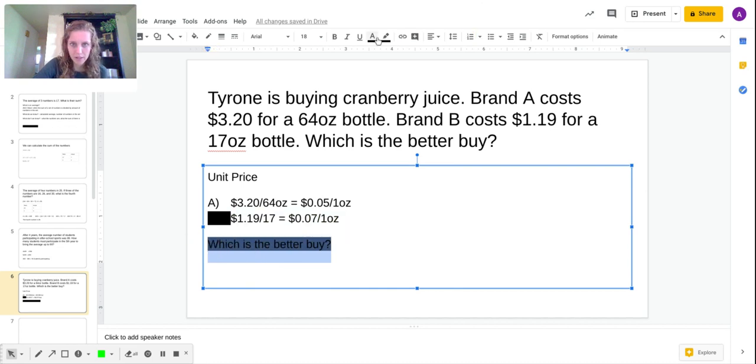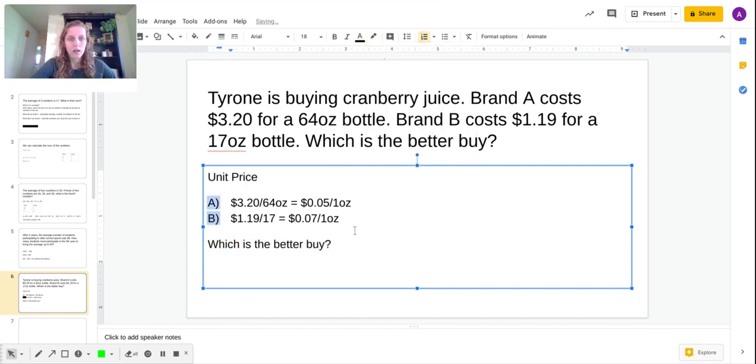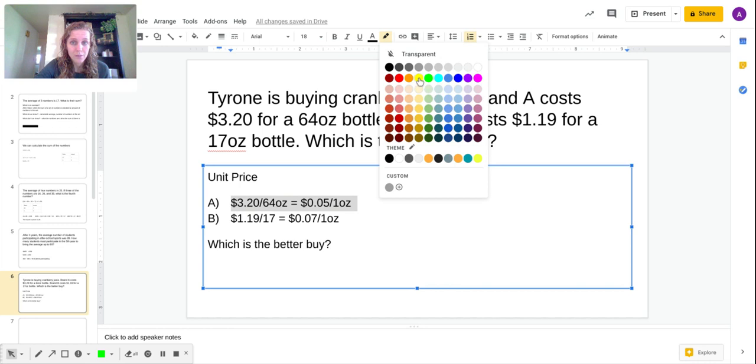So which is the better buy? If we think about it, we would want to pay less, right? So we would want to pick the cheaper brand, but we don't want to just pick the cheaper bottle, we want to pick the cheaper price per ounce. We can see that 5 cents is less than 7 cents.